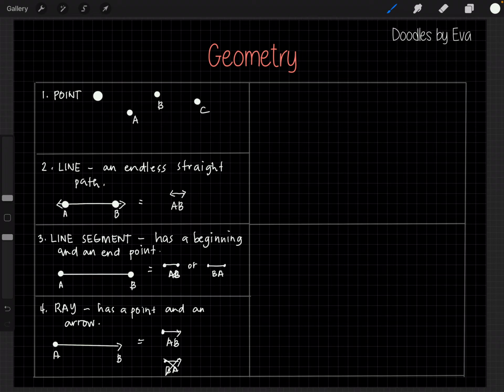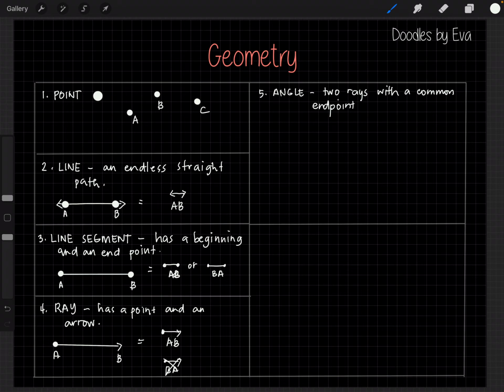Okay? And then the next one is an angle. An angle is created using two rays with a common endpoint. So the angle, two rays with a common endpoint. Okay?